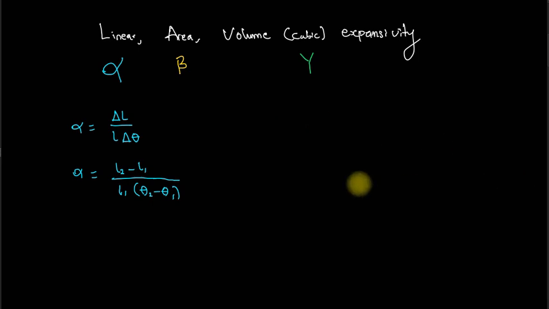Okay, so for area expansivity, we have change in area per unit area per degree rise in temperature. And you can guess what we have here as well from this: area 2 minus area 1 all over initial area times change in temperature.